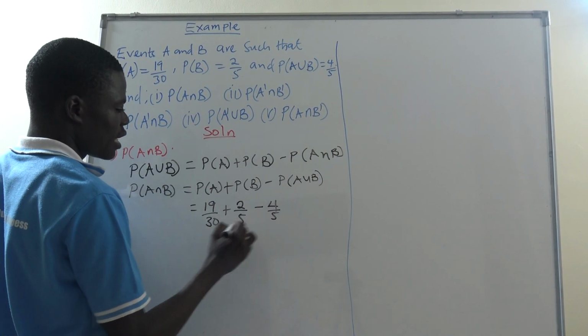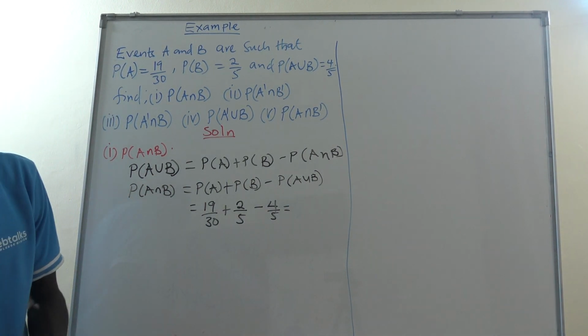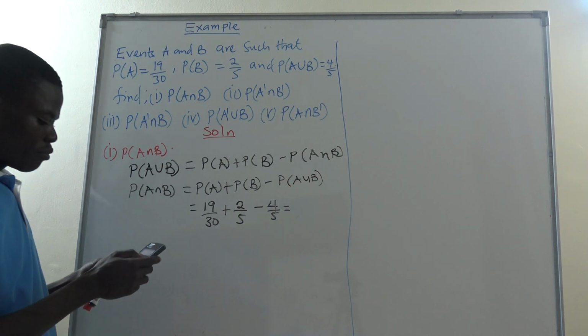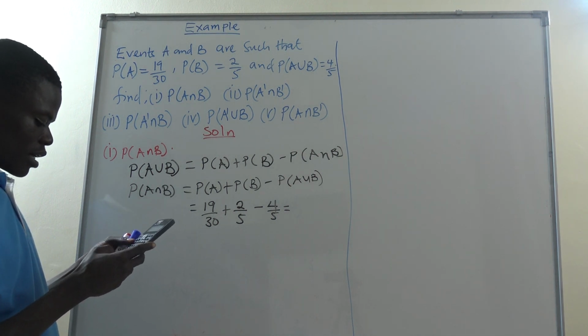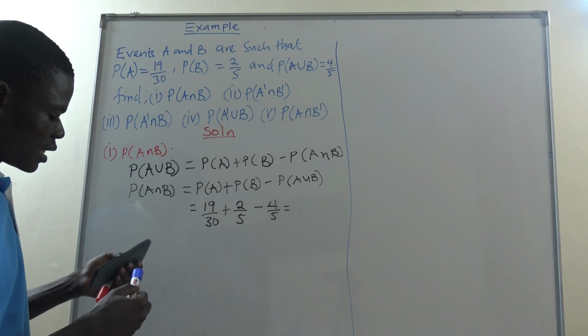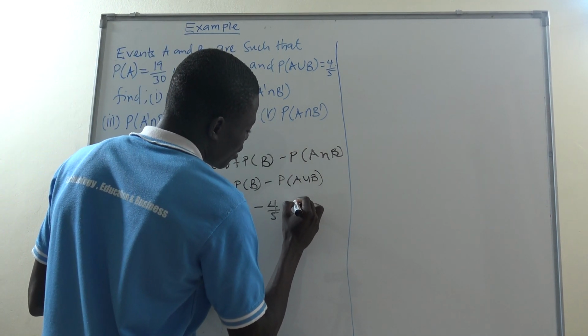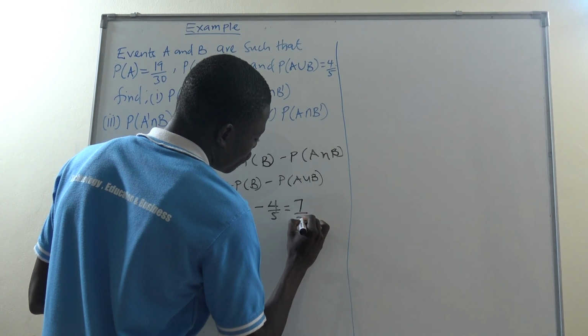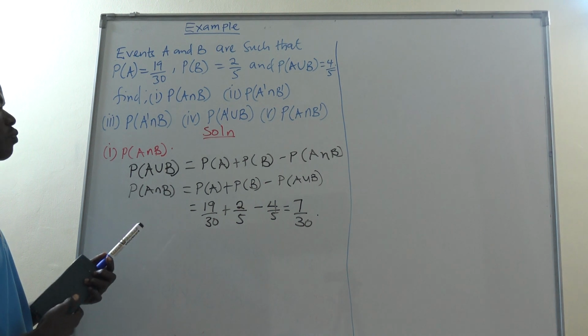The answer we get will give us the probability of A intersection B. So you have 19 out of 30 plus 2 out of 5 minus 4 out of 5. Then the answer I'm getting here is 7 out of 30 as our probability.